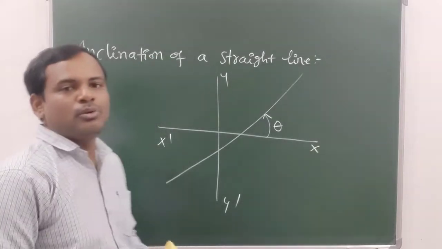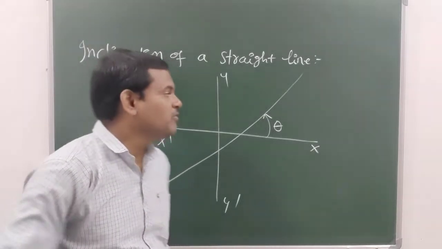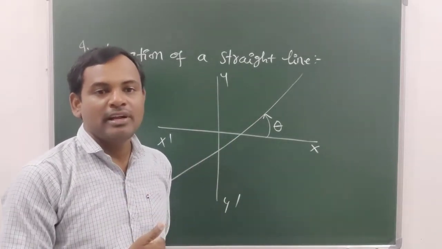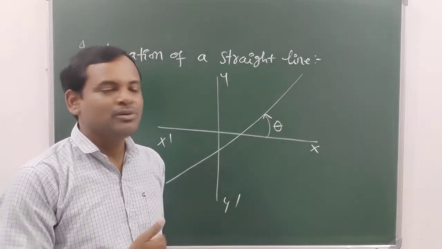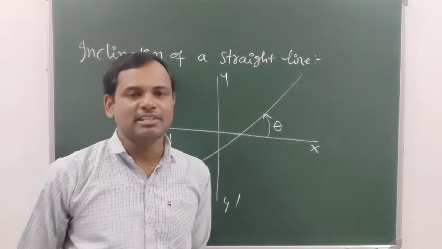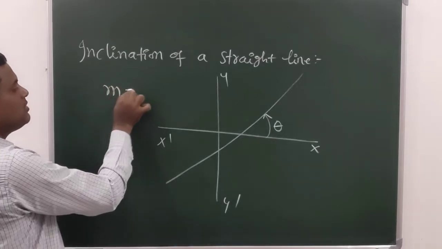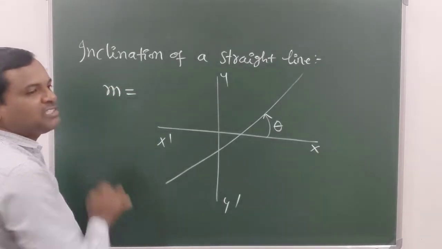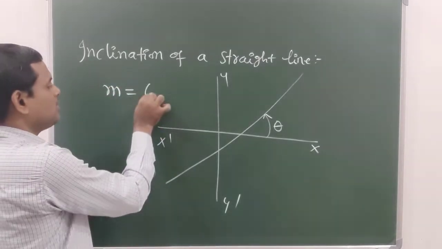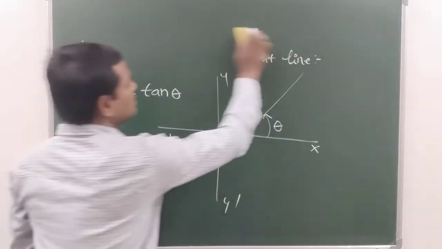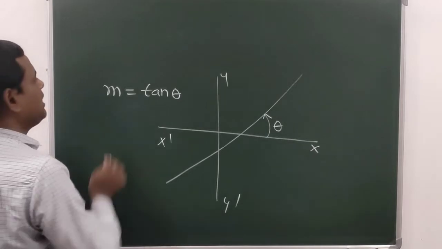Next, to get the slope of this straight line, we have to define the tangent ratio with respect to this inclination, so that we get the slope of that straight line, which is represented by the letter m. m is equal to tan theta is known as the slope of the straight line.